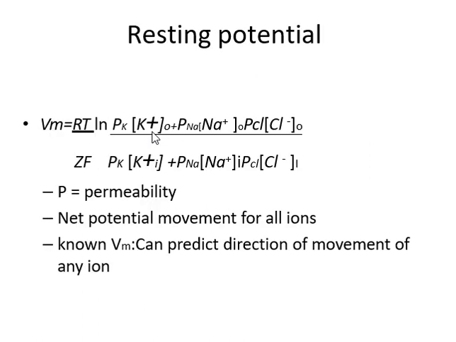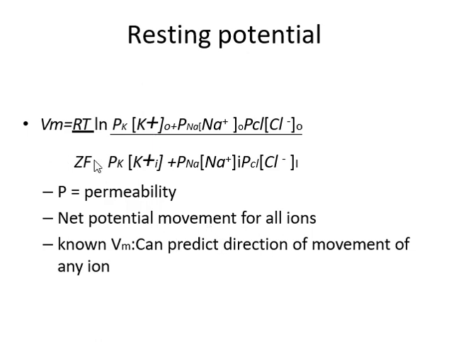Resting potential. A resting neuron has a voltage across its membrane called the resting membrane potential, or simply the resting potential. The resting potential is determined by the concentration gradient of ions across the membrane and by the membrane permeability to each type of ion.